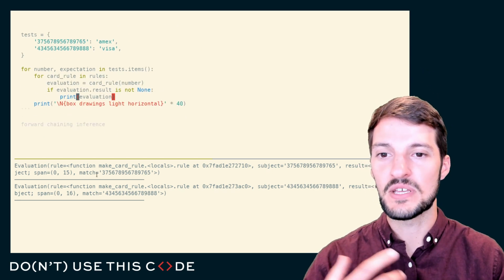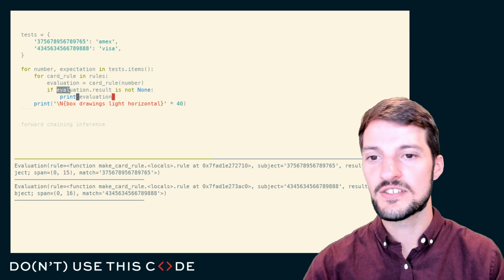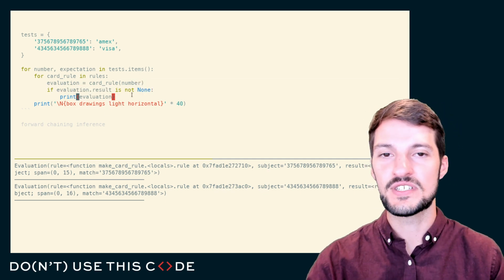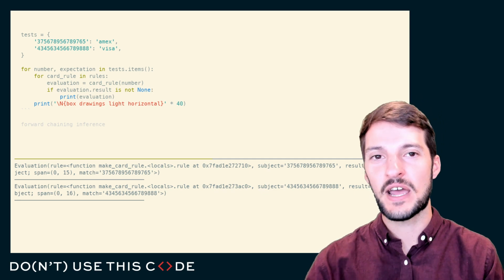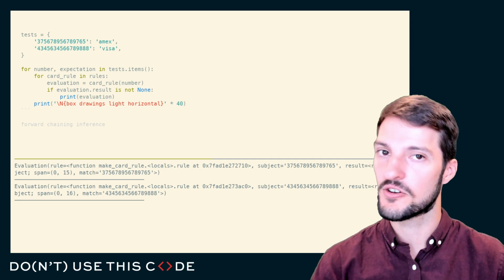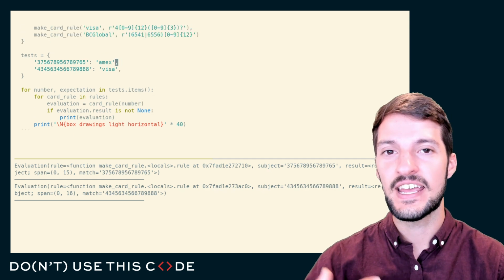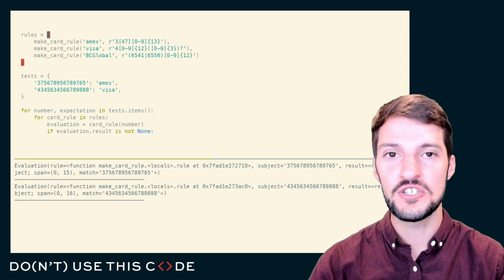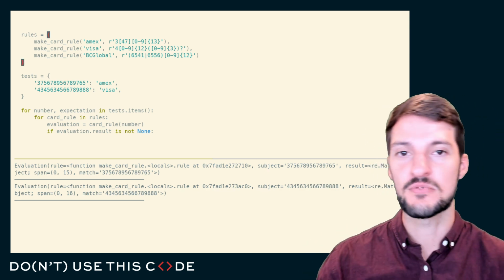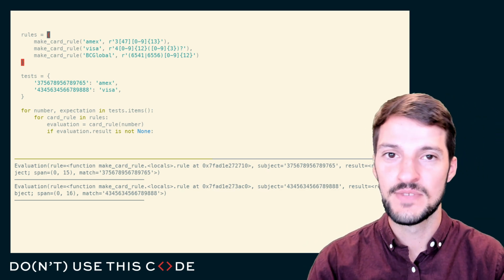And so what we're able to do here is iterate over all of the rules that we have defined, right? And our rules are simply that Amex matches this pattern, Visa matches this pattern, your BC Global card matches this regular expression pattern, and we can evaluate them. And we can return something meaningful to that evaluation so we can check, right, if it matched, if that result is not none, we simply print. And if I were to gain a new card, I don't need to go into my code base and add a new branching conditional. I don't need to add, well, elif, right, matches this regular expression, print MasterCard.